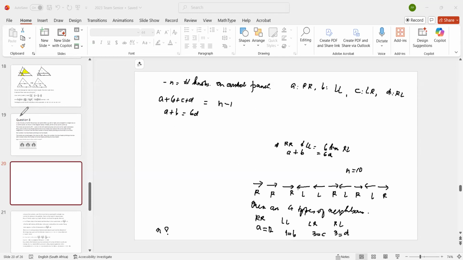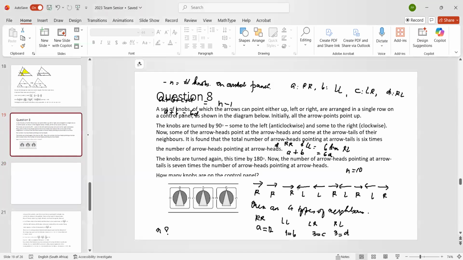Right. Now, the question goes on to say the following. The knobs now are turned again, this time through 180 degrees. All right, in other words, if it's pointing to the left, like this, you turn it 180 degrees, which is the same as if you have an arrow pointing like this, then you turn it around 180 degrees, it changes.